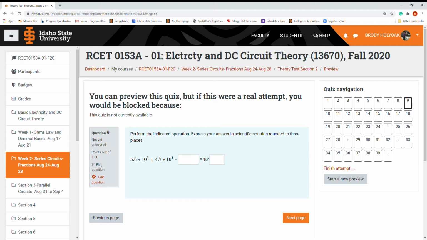We add them up together. 47 plus 5.6, 52.6 times 10 to the third. And then again, it says scientific notation, so we have to convert this down. So we have to make this value smaller. We increase that value. So both ways we end up getting the same answer. Make sense?